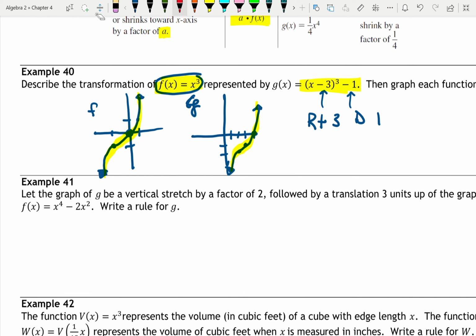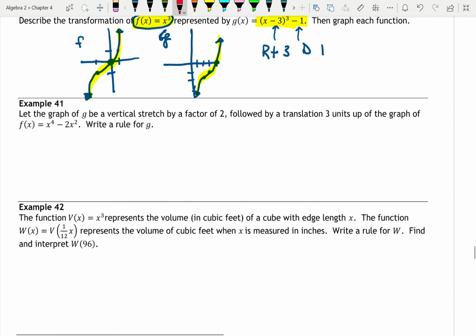For these, especially because it is a cubic, and I don't preach the cubic parent function a whole lot, I'm okay with using a graphing calculator to graph these. Like whenever we're graphing earlier in this chapter, we want to have the general shape, the end behavior, and then some points on it as well.